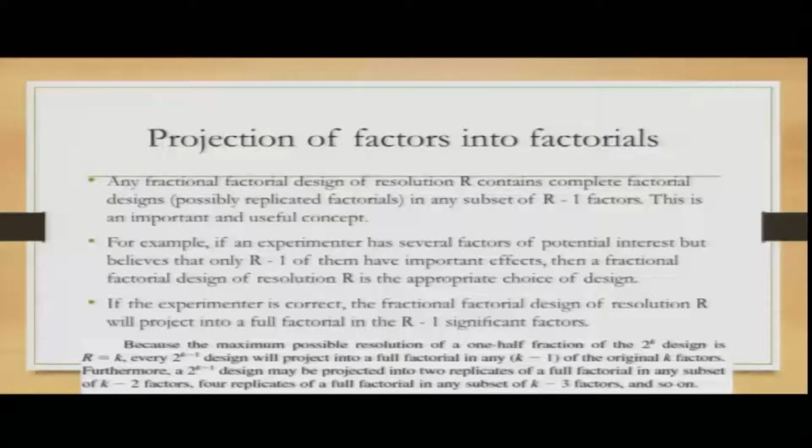So, if the experimenter is correct, the fractional factorial design of resolution R will project into a full factorial in R minus 1 significant factors, because the maximum possible resolution of 1/2 fractions, which is 2 to the power k, can be designed in such a way that the combinations can be taken together. Furthermore, as we take the design, it may be projected onto 2 replicates, 3 replicates or 4 replicates, depending on the level of significance on the efficiency front which the experimenter wants.